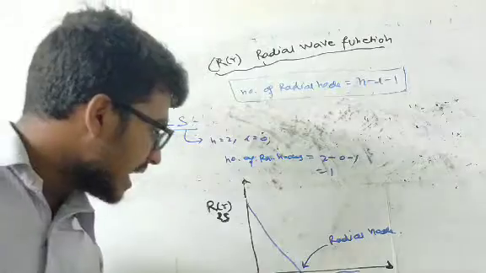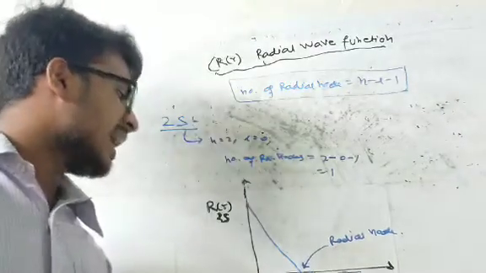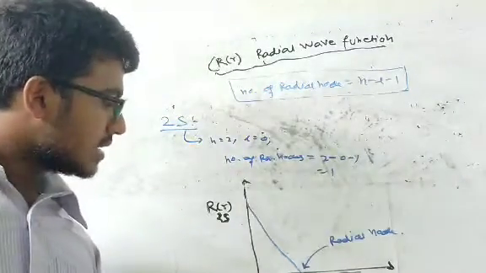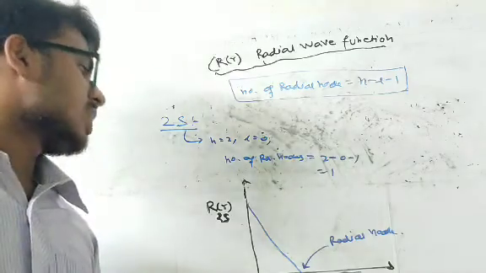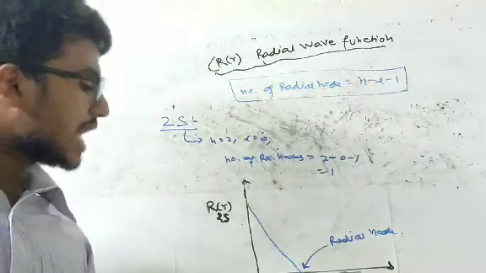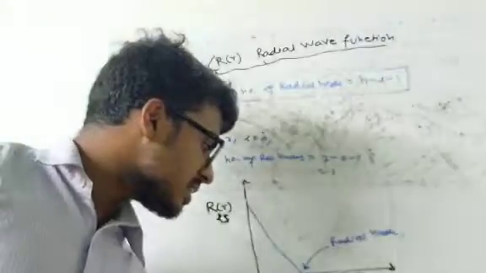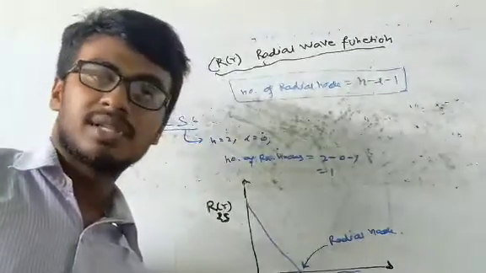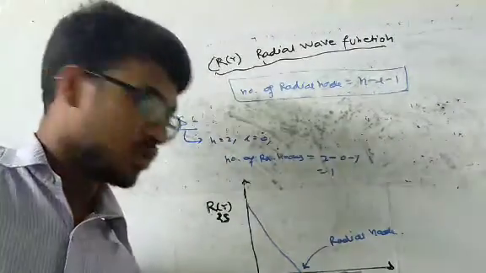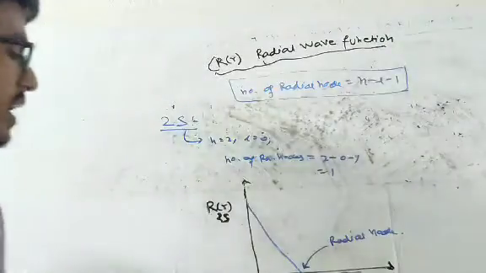So at that distance for the 2s orbital, the value is 0, which means at that distance in three-dimensional space you cannot find the electron. That's why this point is called the radial node.